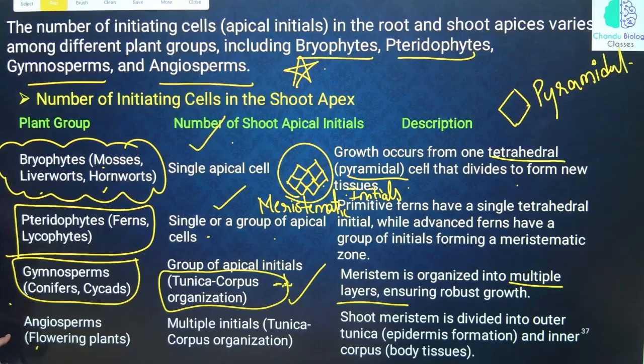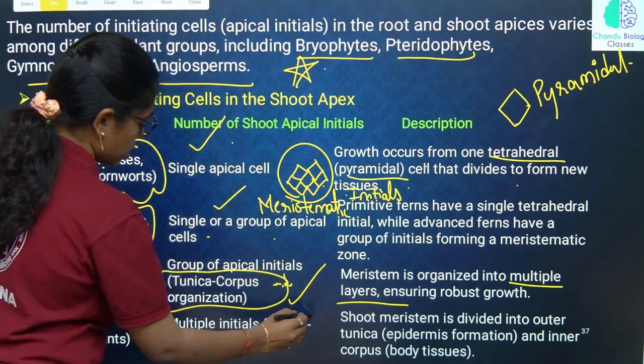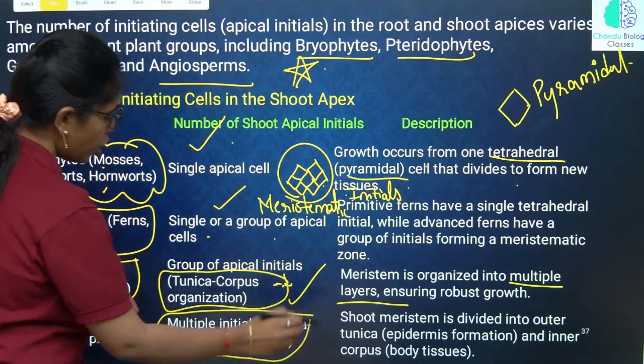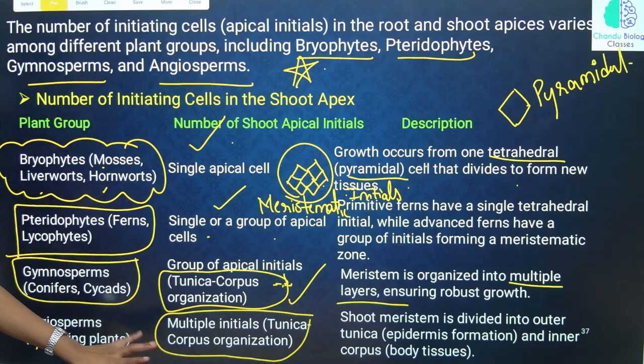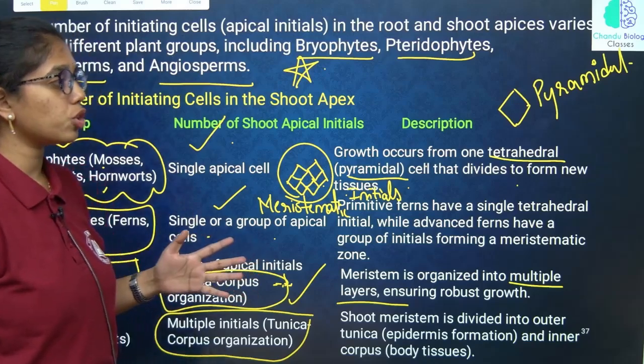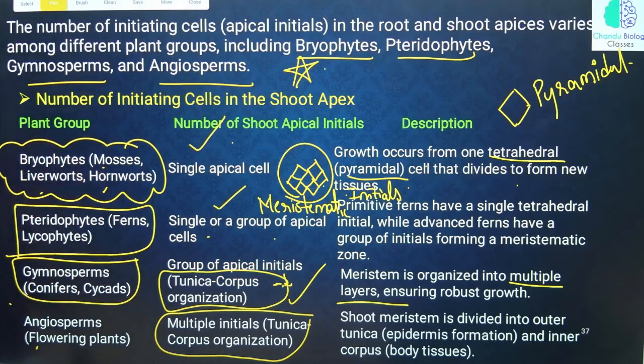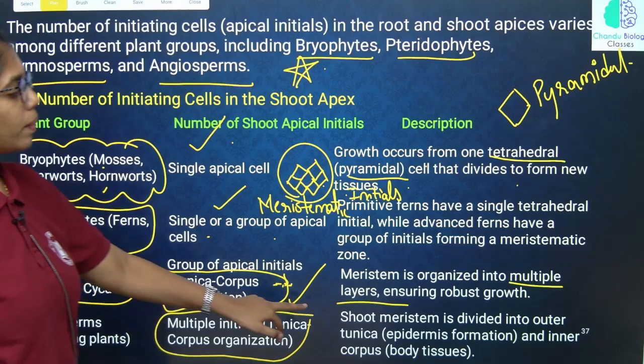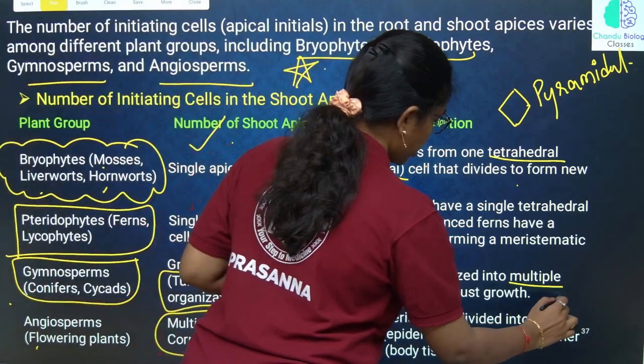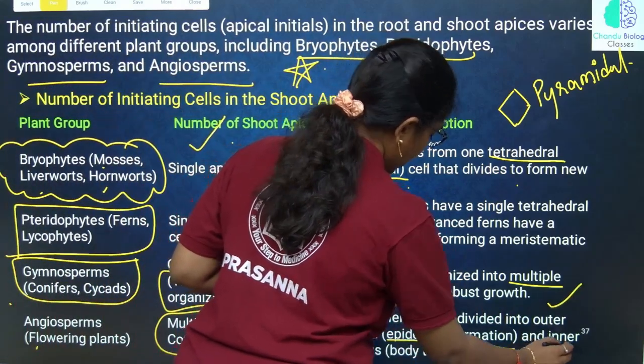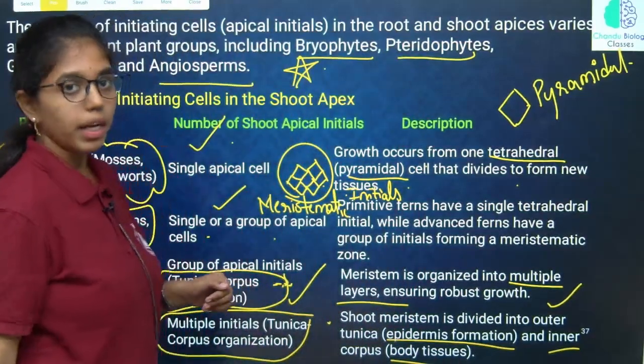In angiosperms, that is flowering plants, multiple initials are present, with tunica-corpus organization again. So in gymnosperms and angiosperms, the shoot meristem is divided into outer tunica, which forms the epidermis, and inner corpus, which forms body tissue.